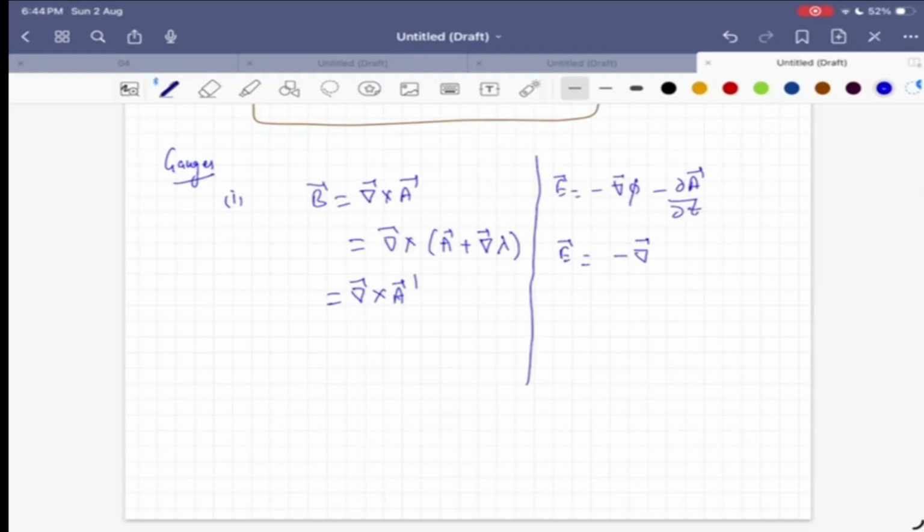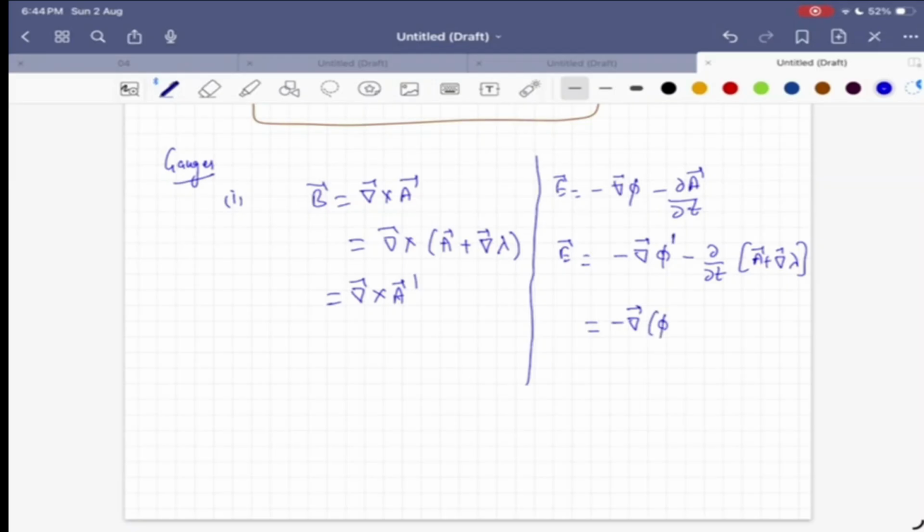minus grad phi, and suppose I've chosen A prime in place of A, so this is A plus grad lambda. And if I repeat the same story, in place of phi, suppose I write phi prime. What is phi prime?